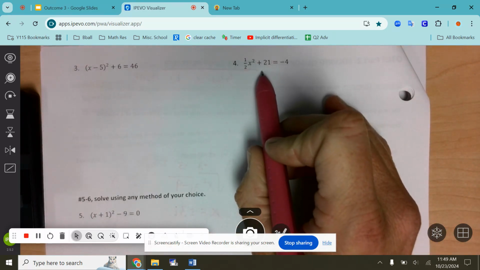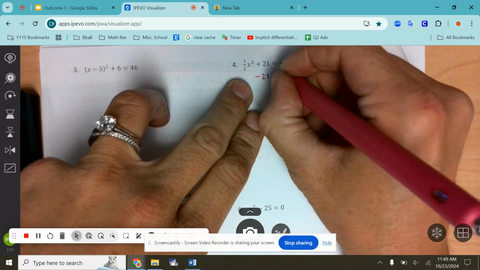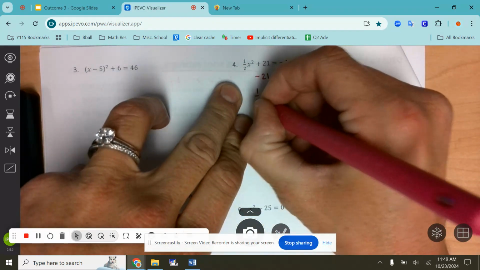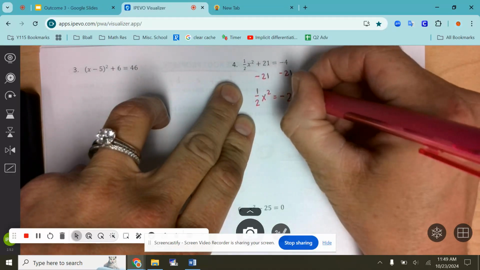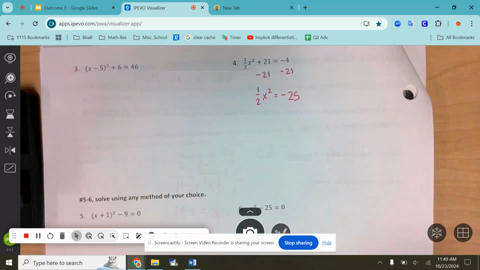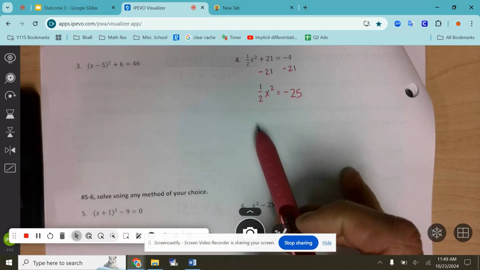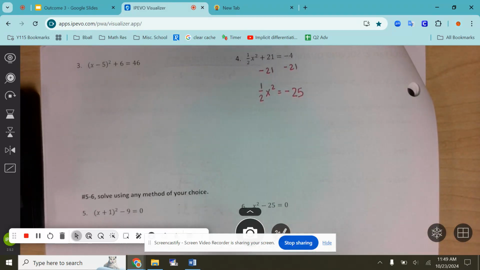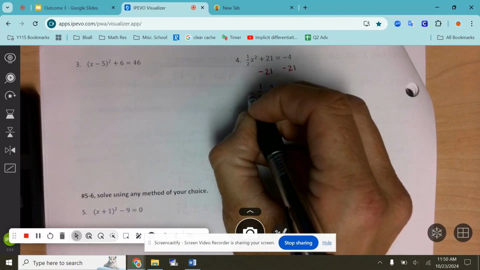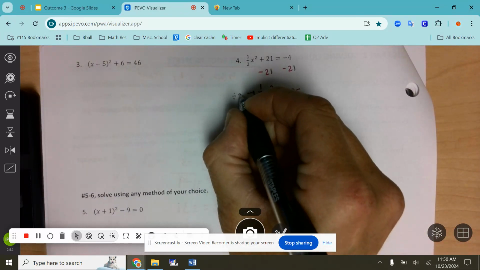Alrighty, so first thing, get rid of the 21. I can do that by subtracting. Negative 4 minus 21 is negative 25. Okay. Now to get rid of the 1/2, I can divide it. The other way that you can think of this is, we've talked about this before. The fact that this is 1/2 simply means we are dividing by 2.